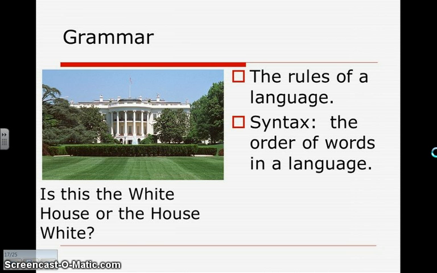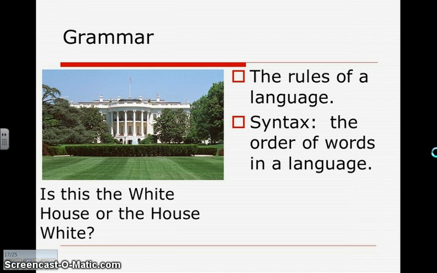Now, later in class, we're going to be discussing the possibility of animals having language. And I will tell you right now, one of the biggest, most crucial pieces of that discussion that a lot of people bring up is whether or not animals have the ability or capacity to understand grammar.